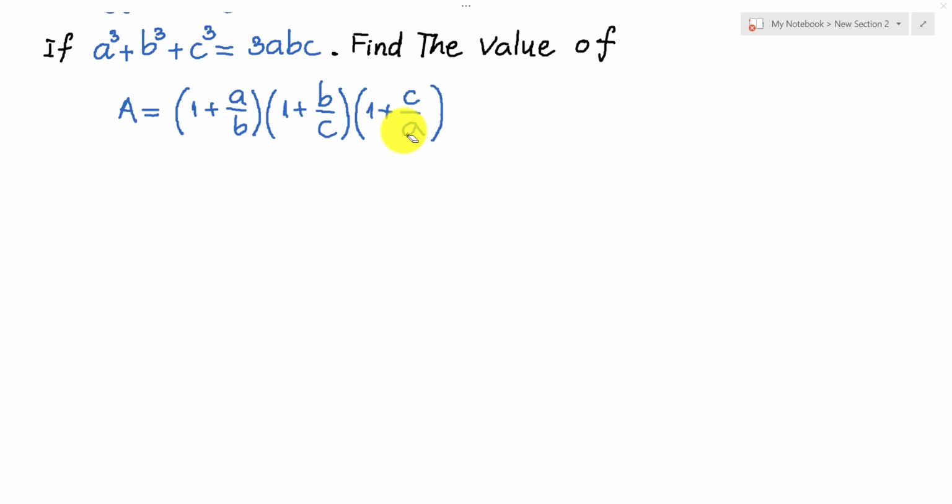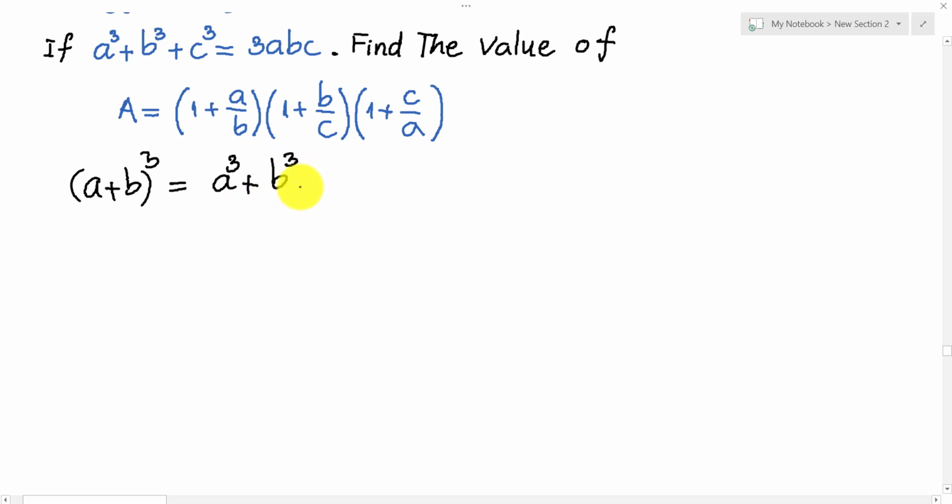And now, we go to the solution together. Okay, first, we use the rule: (a plus b) all power 3 equals a power 3 plus b power 3 plus 3ab multiplied by (a plus b).